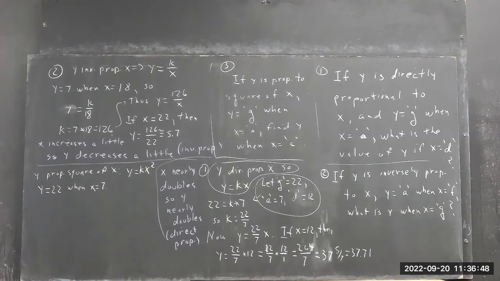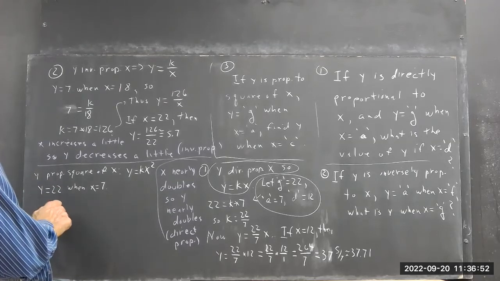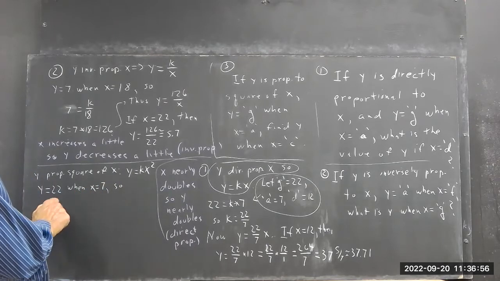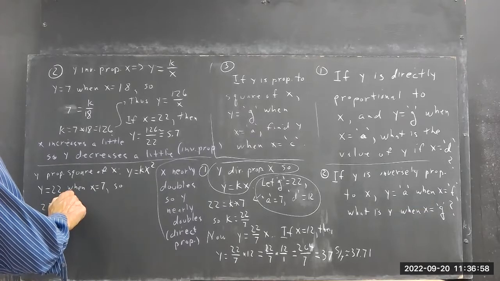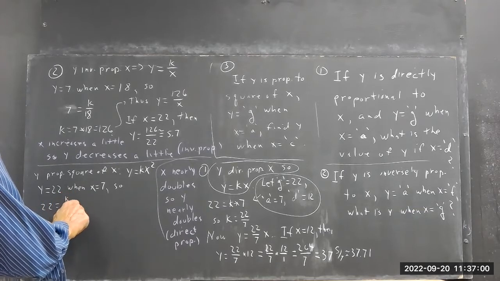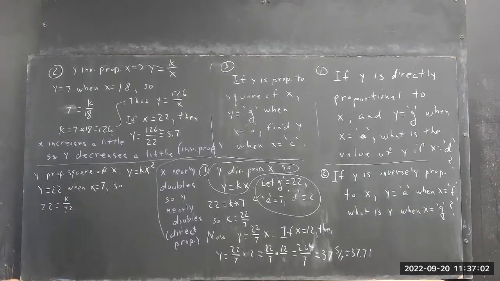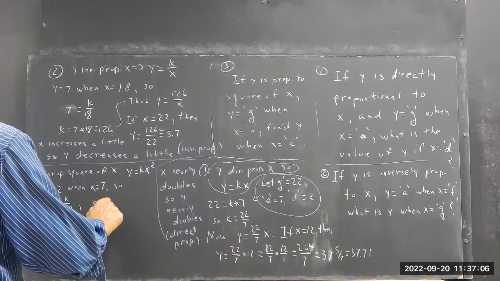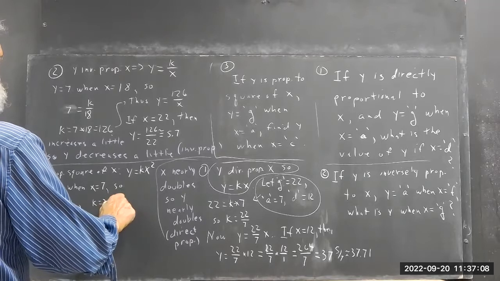We'll write that out when it comes time to do it. Okay, so Y equals 22 when X equals 7. So 22 equals K over 7 squared. Okay, equals 22 times 7 squared.